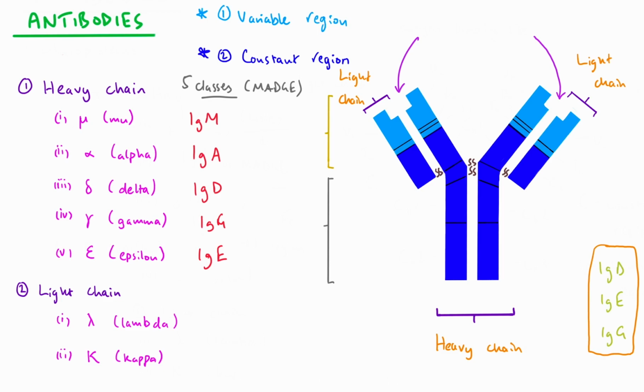So a specific clone of plasma cell is going to produce an antibody which is specific for only one antigen. This bit at the top is called the antigen binding region. That's the antigen binding region, which is pretty self-explanatory if you ask me. That's where the antigen binds on to the antibody.